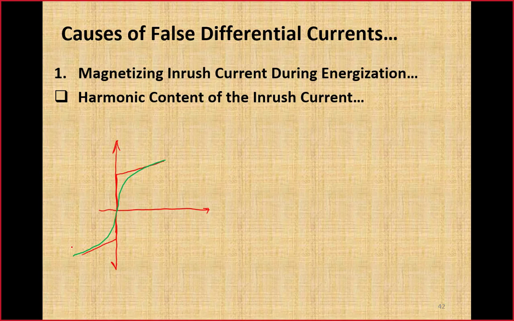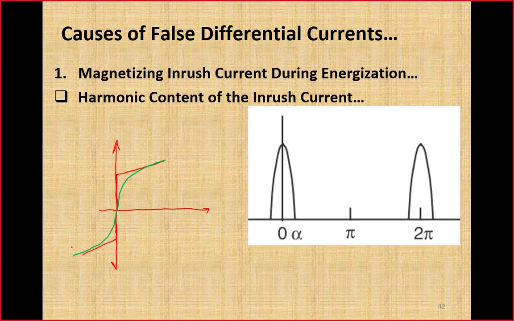Now when this transformer moves into the saturation region, it will draw current. By making this approximation of the magnetic characteristic of the transformer core, this is the nature of the current drawn by the transformer during magnetization, because the actual current was like this. Positive cycle, saturation, go back to normal, negative cycle, positive cycle, again this inrush current, negative cycle, normal.